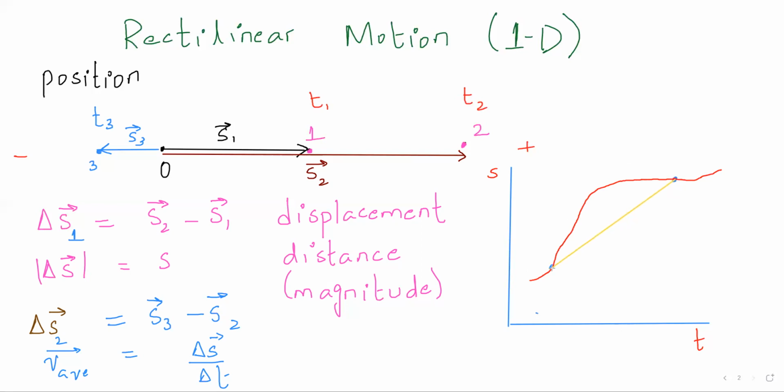Let me know. It is. So your average velocity will be this fellow, the slope of this yellow line. So it will be V average equal to delta S by delta T. This is your point 1. This is your point 2. This is your T1. And this is your T2.